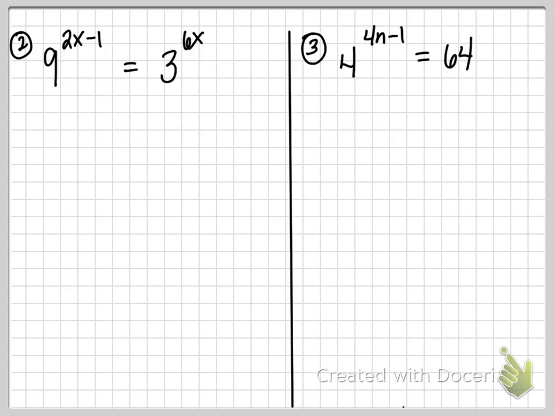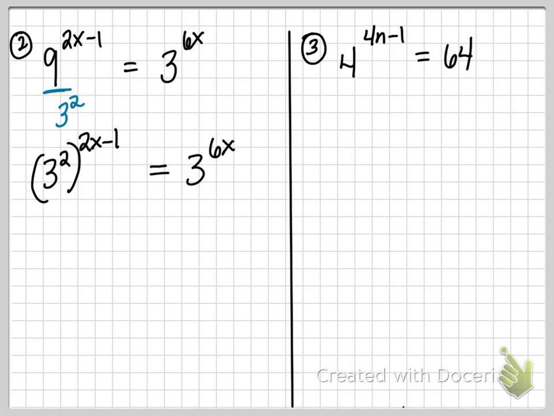We have 9 to the 2x minus 1 equals 3 to the 6x. We need to get the same base. So we can change 9 to have a base of 3, right? 9 is the same as what? 3 squared. So we're going to do 3 to the 2nd, to the 2x minus 1, is equal to 3 to the 6x.